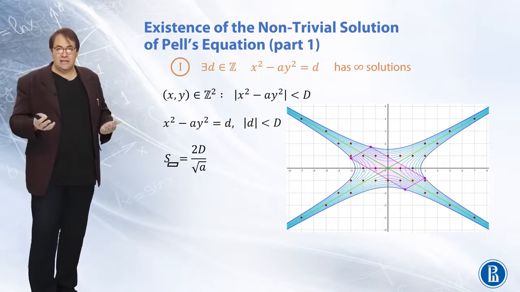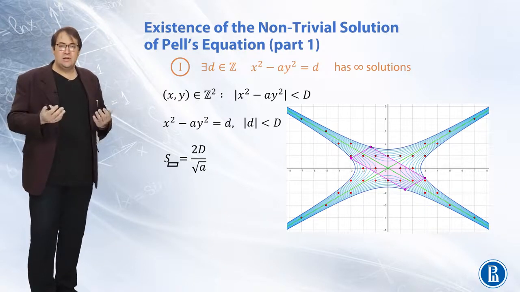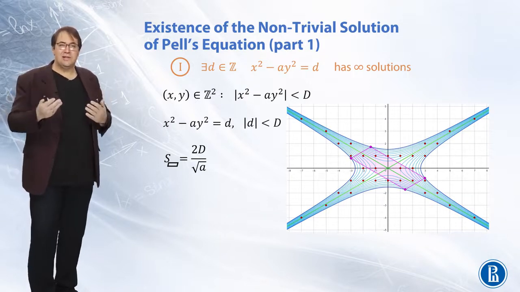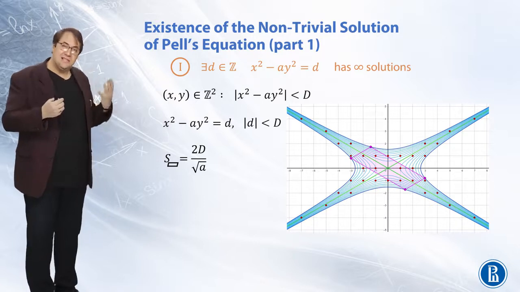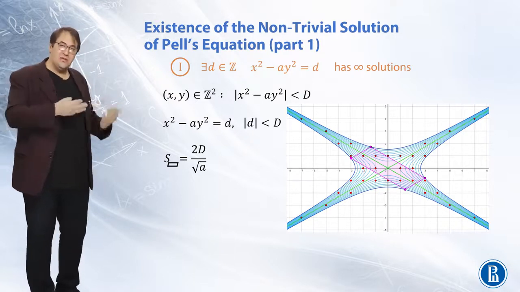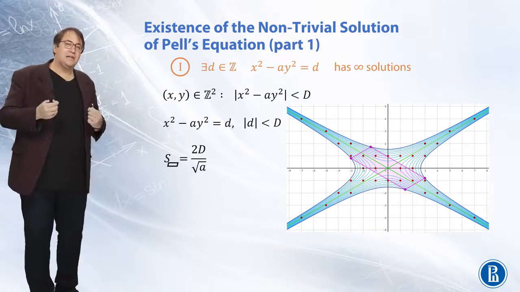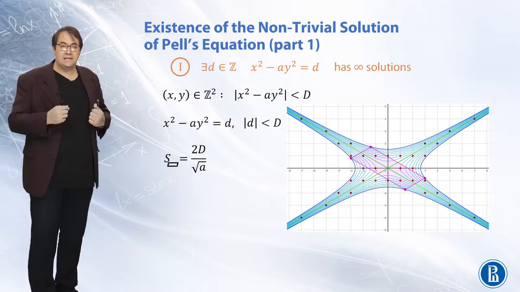Well, you may have noticed that all of the hyperbolas have the same asymptotes, obtained by putting the right-hand side equal to 0. So the equations of these asymptotes, they're not written on the slide, but they are x squared minus a y squared equal to 0. It's a couple of lines.